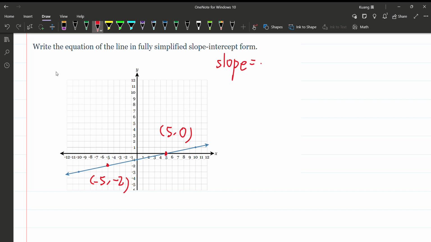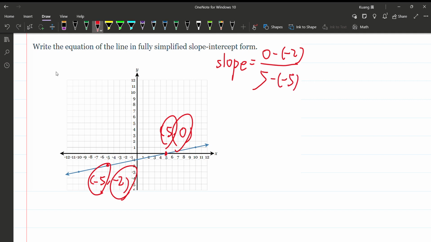If we cannot find the y-intercept, we find the slope first. We can use 0 minus -2, that's delta y, the difference of y, and then use 5 minus -5. So that's positive 2 divided by 10, which is 1/5, right? Again, the same.